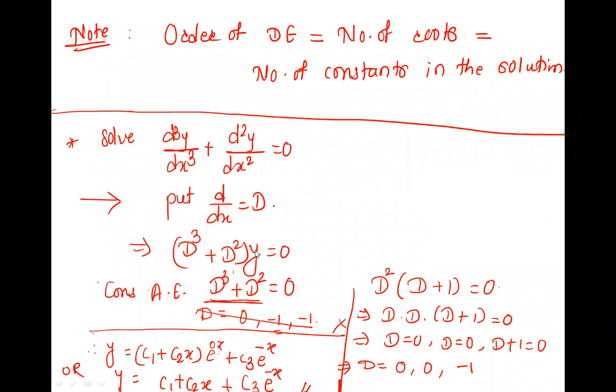Next question. Solve: D cube minus 3D square plus 3D minus 1 y is equal to 0.